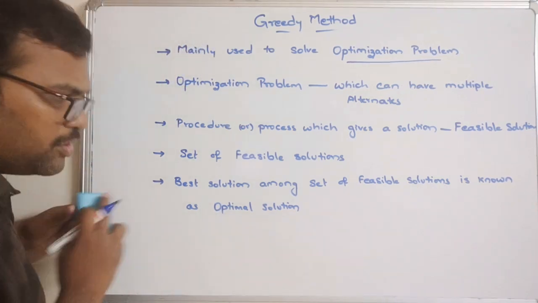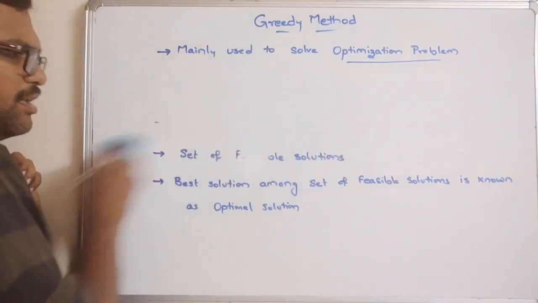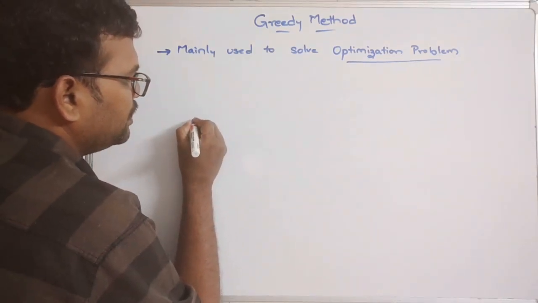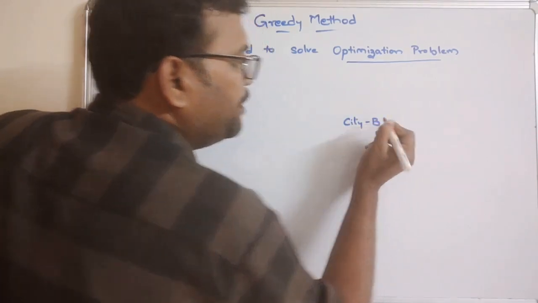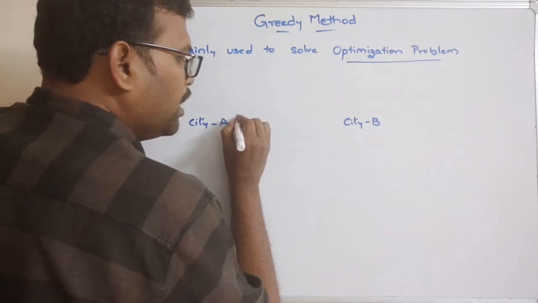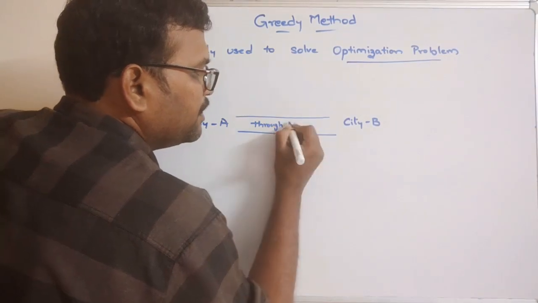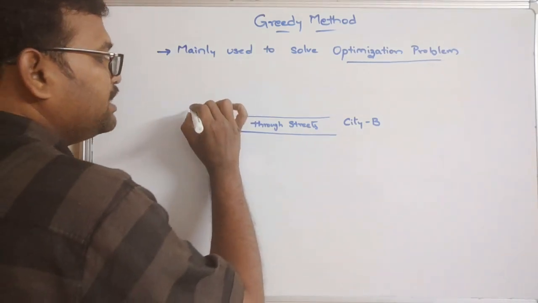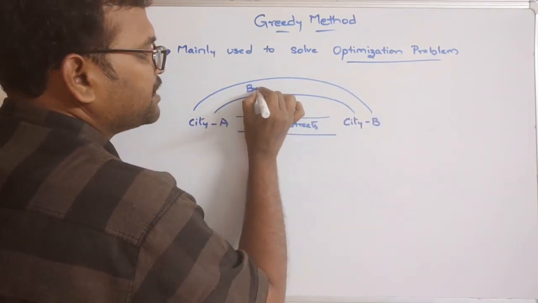So let us take a simple example that you can understand. Here the real world problem is traveling from city A to city B. There is one road through the streets, and there is one more way, which is a bypass.